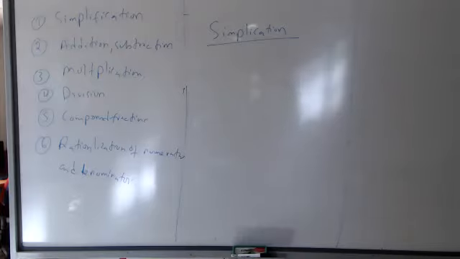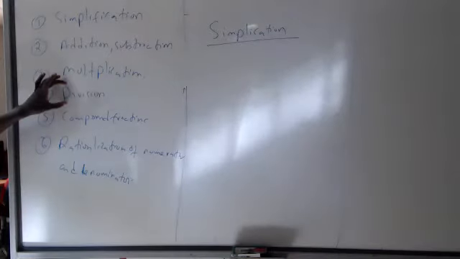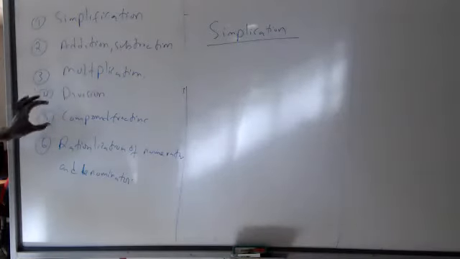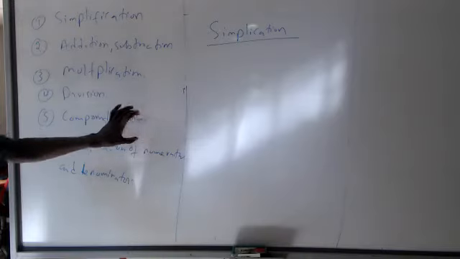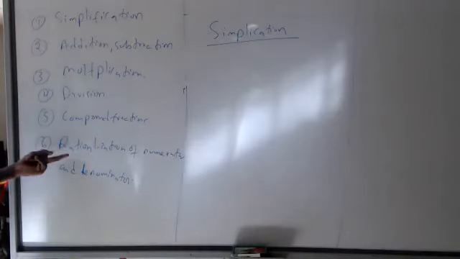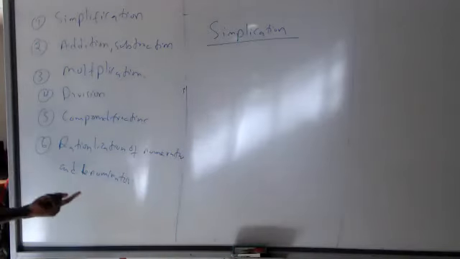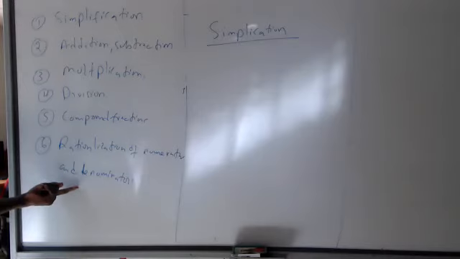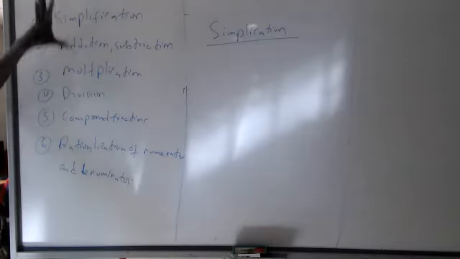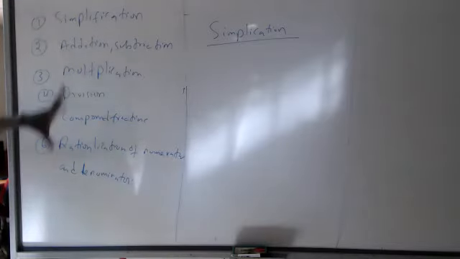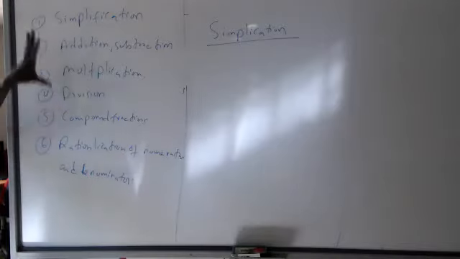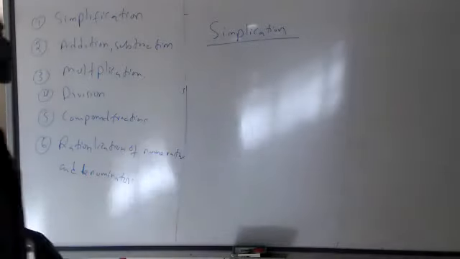Number 4 is division. Number 5 is compound fractions. And number 6 is rationalization of numerator and denominator. This bit is not important. I'm just giving you a hint of what we are going to discuss.